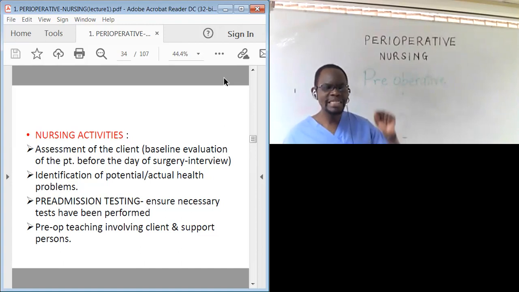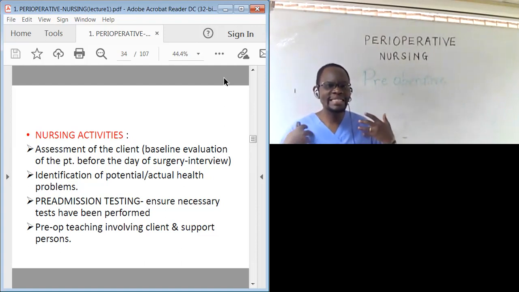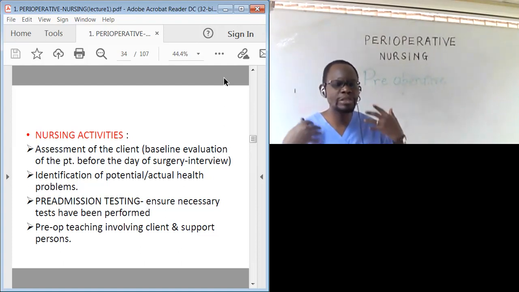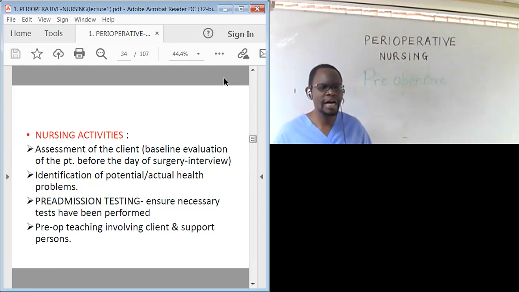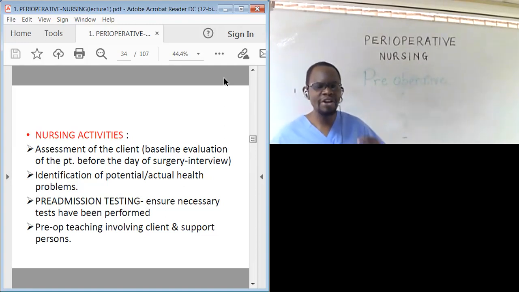But it is the role of a nurse to make sure that in case the patient needs more information about the procedure, or has some worries about the procedure, the nurse should be in a position to address these concerns from the patient.